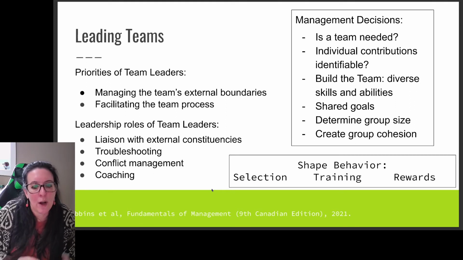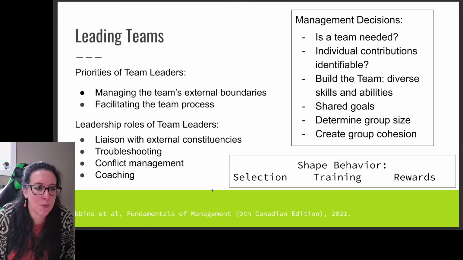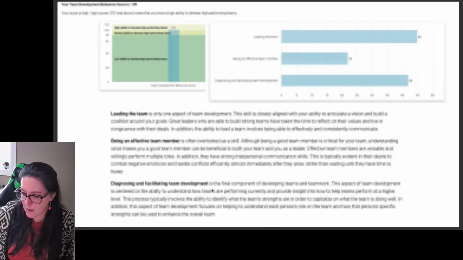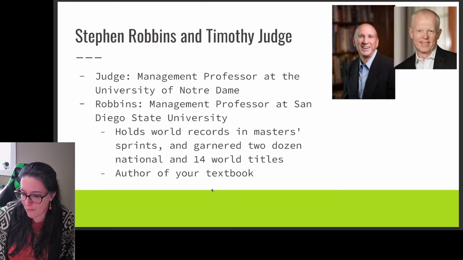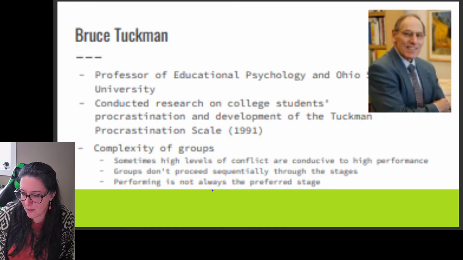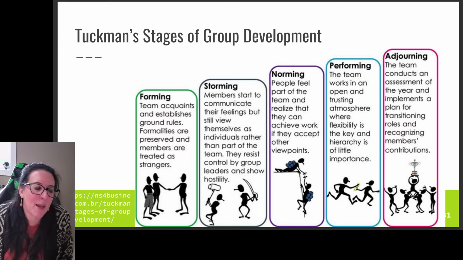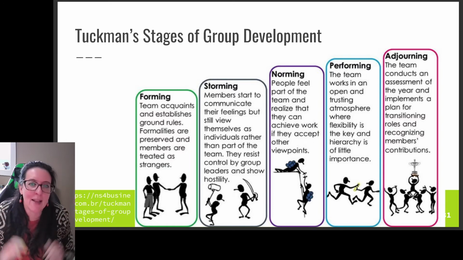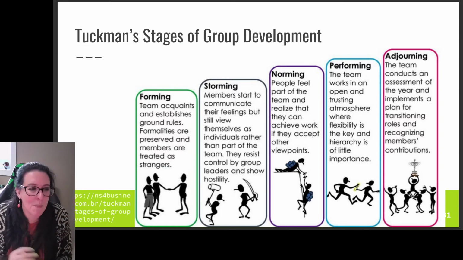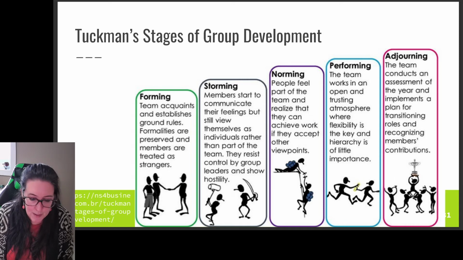So we also looked with Tuckman's group development that once the team leader has helped with the forming, the storming, once we get to the norming and performing, the team leader is more hands-off. The team leader comes back in to help with adjournment.